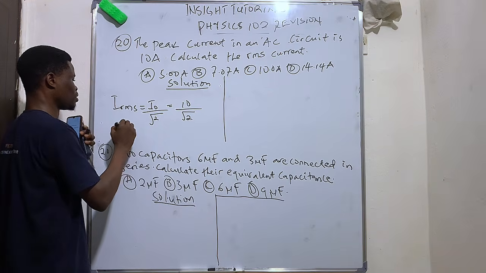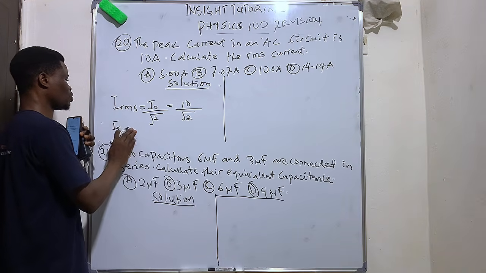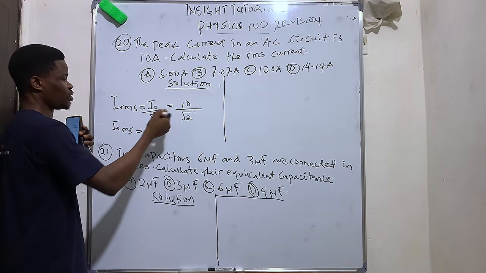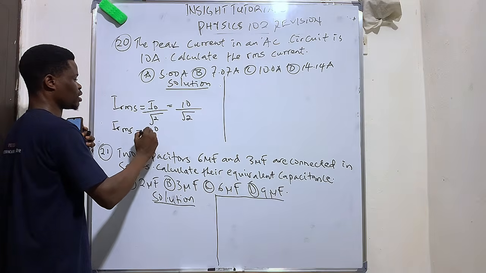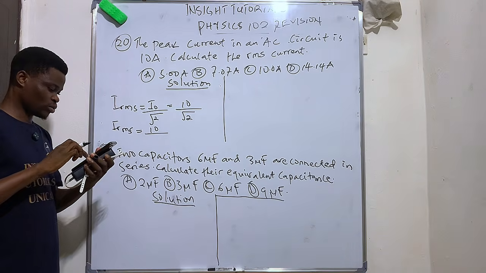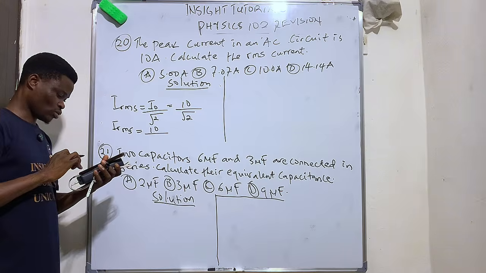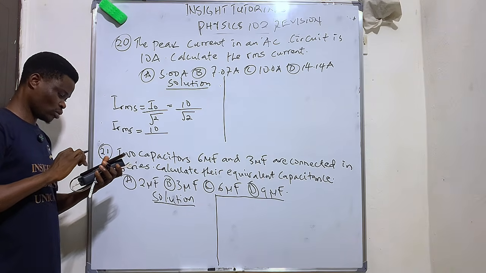And if you do that, the root mean square current is equal to 10 all over the square root of 2.